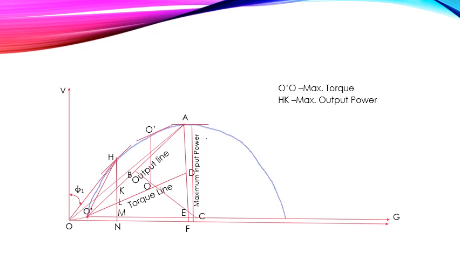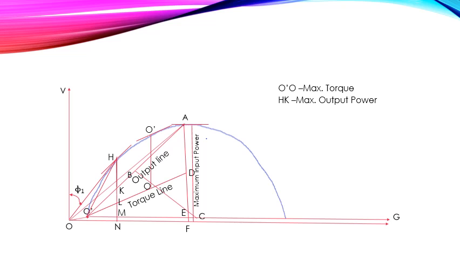That will cut the semicircle at point A. Then the vertical intercept AF will indicate the maximum input power, right? Also it will indicate the total losses. EF indicates the no load losses, that is fixed losses. Then AD is the rotor copper loss, and DE is the stator copper loss, right?